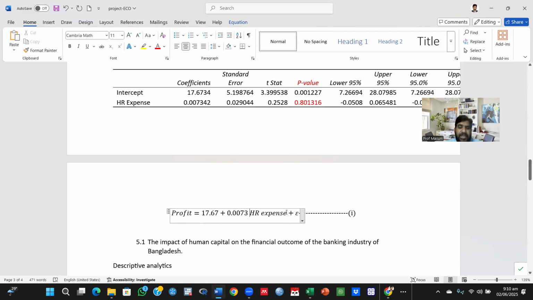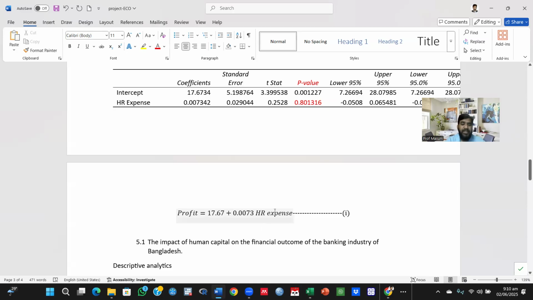And we will consider that there is no error in our model. So this is how you will get your model. Have you got it? How to get the regression model? Do you have any confusions?